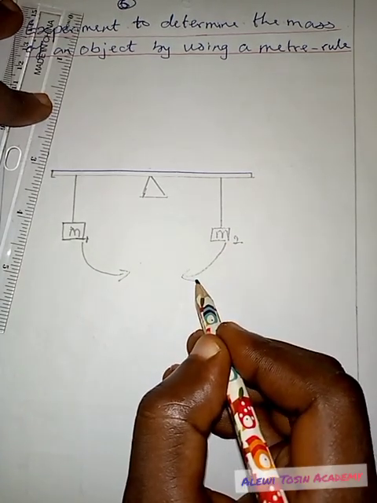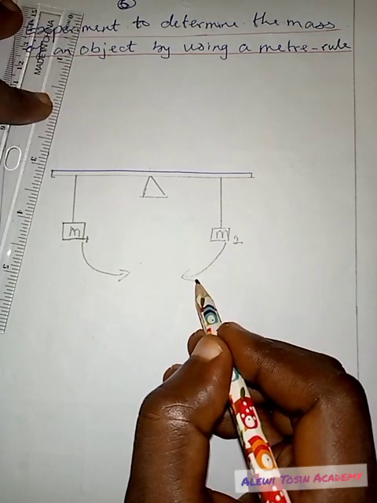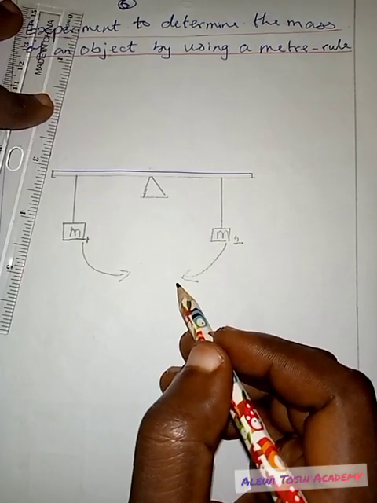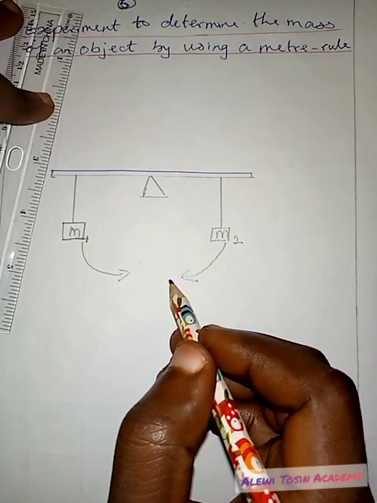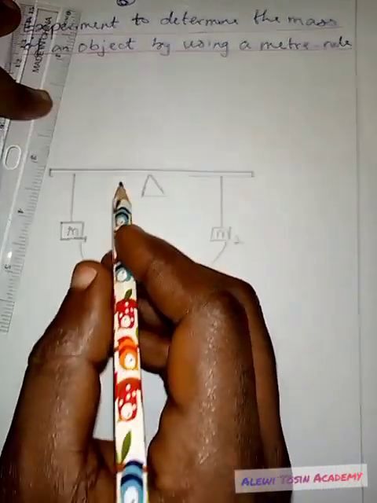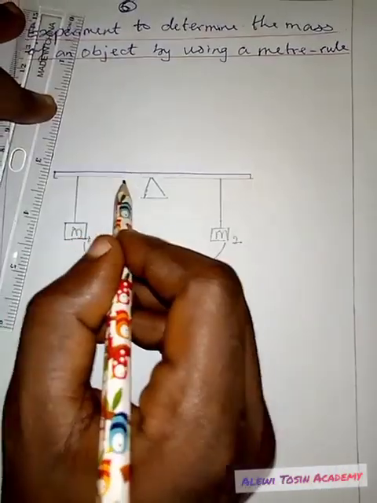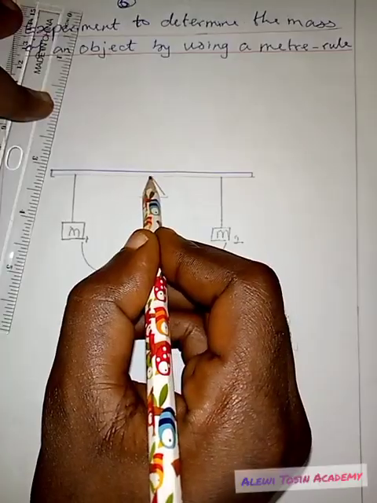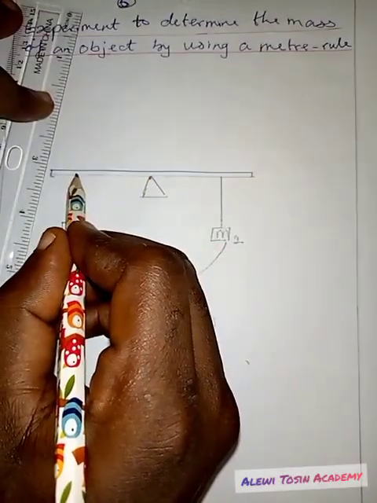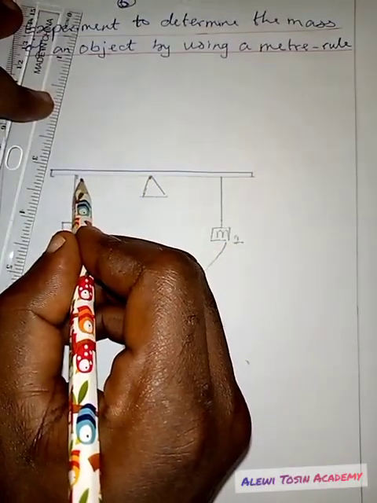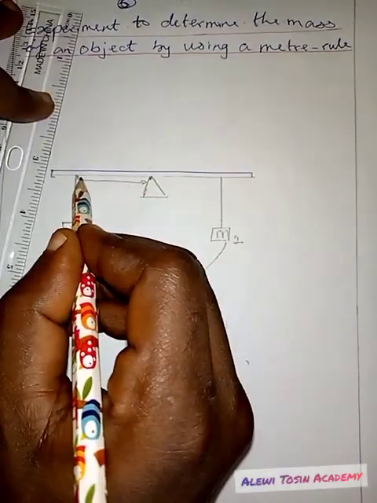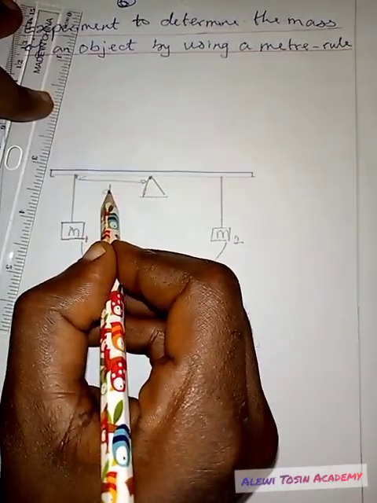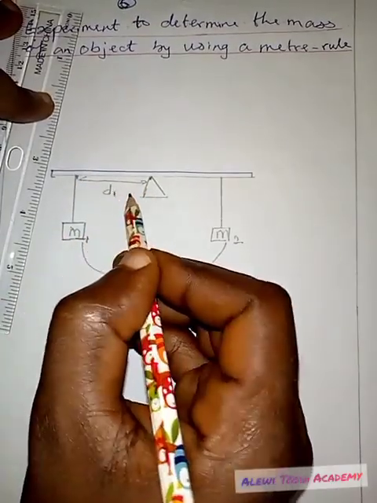And we said that moment is given as force times perpendicular distance. Now, our distance is the distance between the fulcrum and the mass in question. Let's take note of that. This is the distance. I will call this D1.